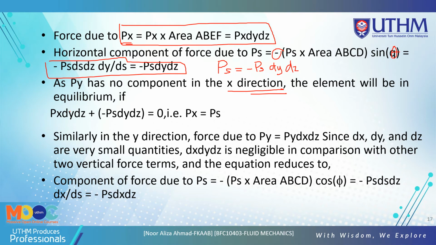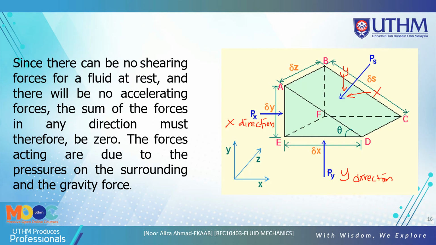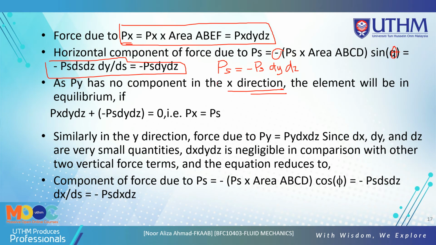There is no x direction for PY, it has a y direction. So the calculation for this force is only for PX and PS in the x direction. We know that PX is equal to PS in the x direction, so you just put it here and you get the equilibrium.